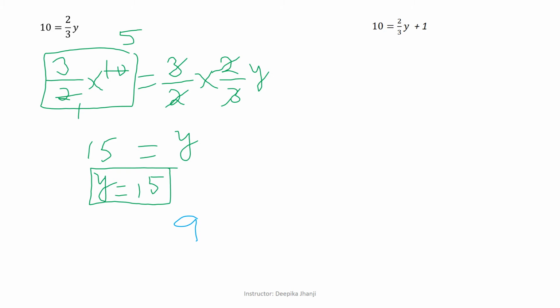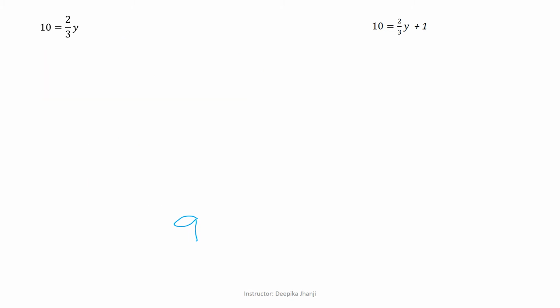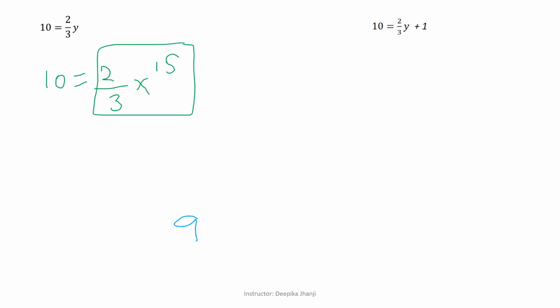You can always verify your answer. Our original equation is 2 by 3y equals 10. Let's verify the answer. Now 10 is equal to 2 by 3 and you calculated y is equal to 15. Let's plug in the value of y here, right? When you solve the fraction on the right hand side, you reduce it into lowest terms, right?